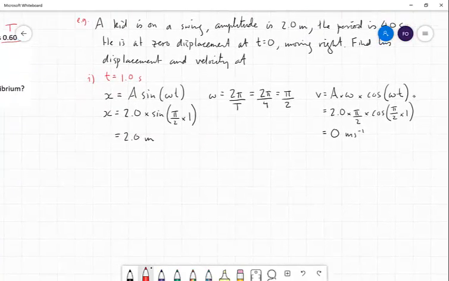So for the second example, we will look at what's going on at 3 seconds. No, we won't. 3 seconds is too obvious. So let's go t equals 1.5 seconds. So let's figure out what x is going to be at 1.5 seconds.